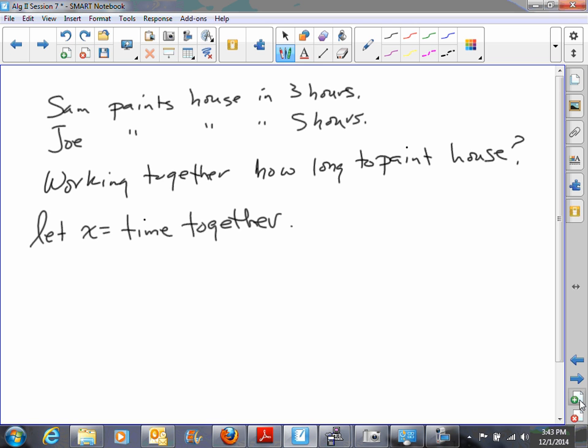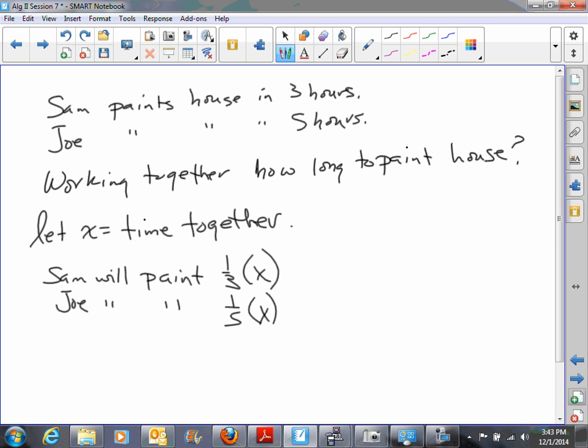So Sam will paint 1/3 of a house per hour times x, the number of hours he's painting on the house. And Joe will paint 1/5 of a house per hour times the number of hours he paints. And together, Sam and Joe will paint the house. So we have 1/3 x plus 1/5 x is equal to 1.